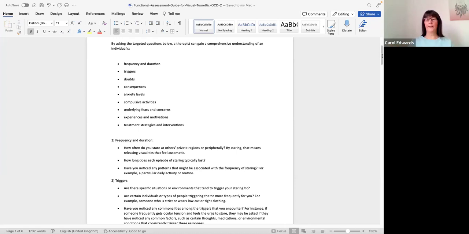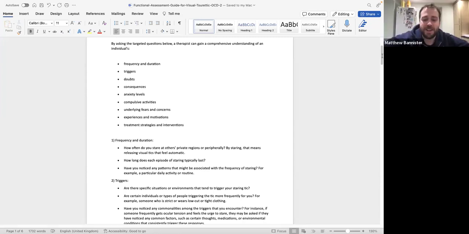So that gives an overall picture of what the individual is going through. With that picture, it really does guide towards interventions for managing the tic and the obsessions and compulsions.